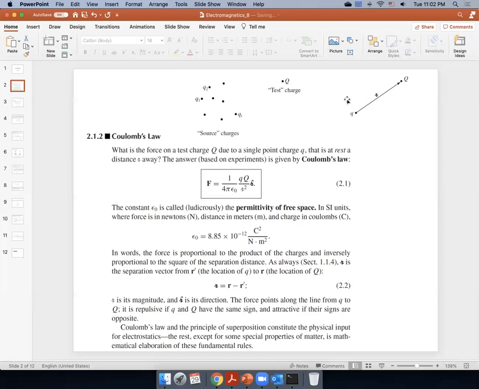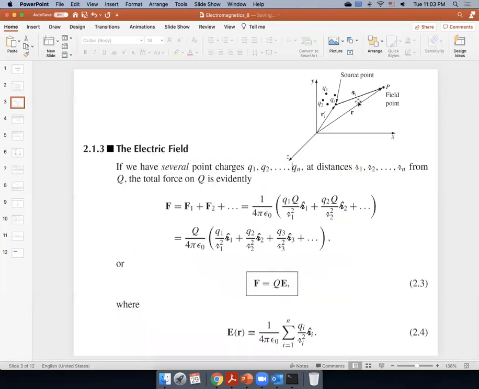Let's say if Q is at position R, which is shown here, and another Q is at position R prime, then their displacement vector will be R minus R prime. Okay, so that's the force between two charges, or between a point charge and a test charge.